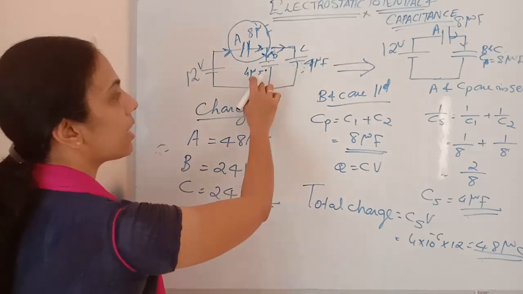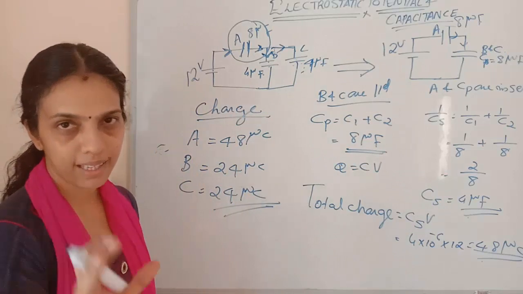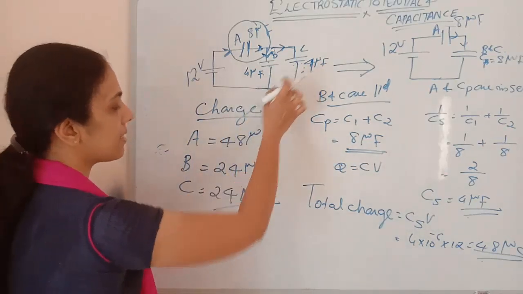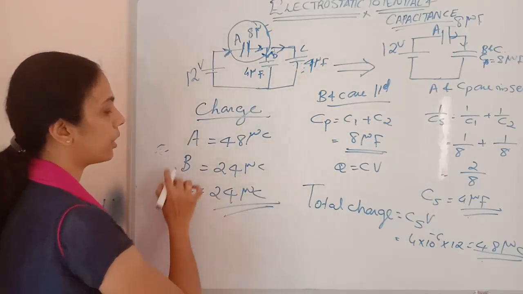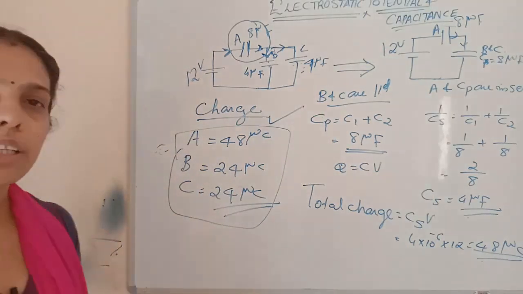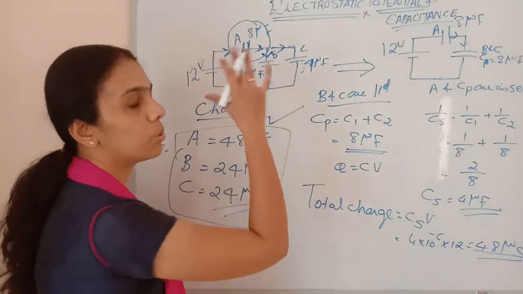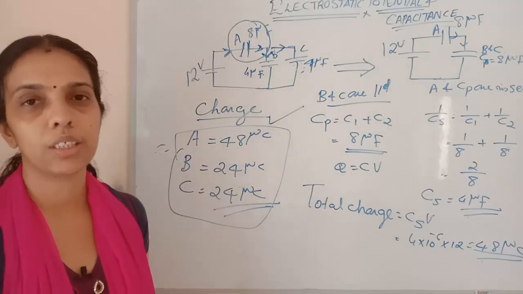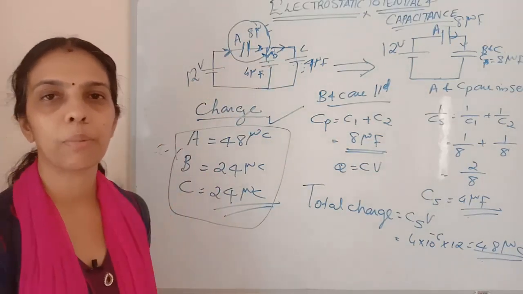Clear? Since these two capacitors are the same, charge flows equally through B and C. Clear how we are finding it? First you need to find the total charge and how it splits among the capacitors.